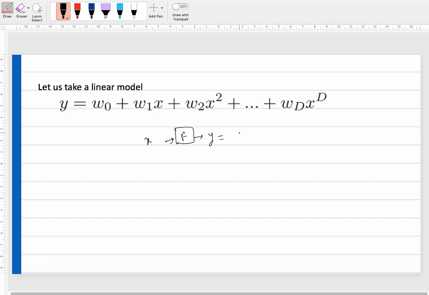I can write it as, and w is w0, w1, so on up to wd. Right? I can write it like this. And I can write this also in matrix notation.